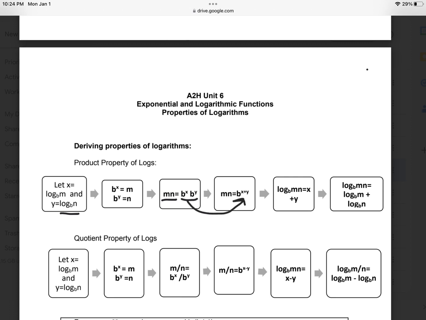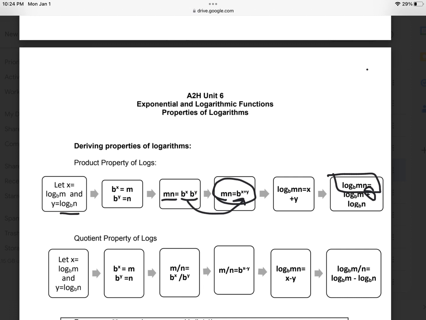And so if we rewrote this one right here as a log, the log of mn base b would be equal to x plus y. So that means that if we have a log where there's two things multiplied together, we can split it up over addition. Just like if we have two like bases multiplied together, we're going to add the exponents together.